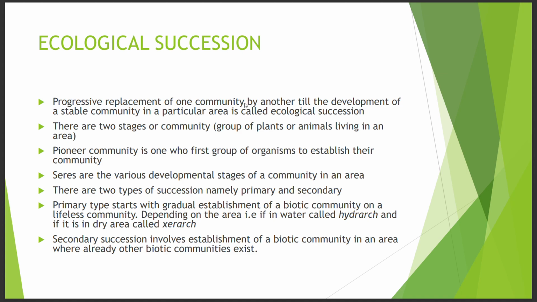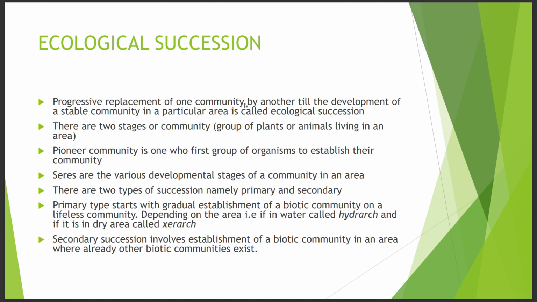Primary succession starts with the gradual establishment of a biotic community on a lifeless area. If it is in water, we say it is hydrarch, and if it is dry, we say it is xerarch.